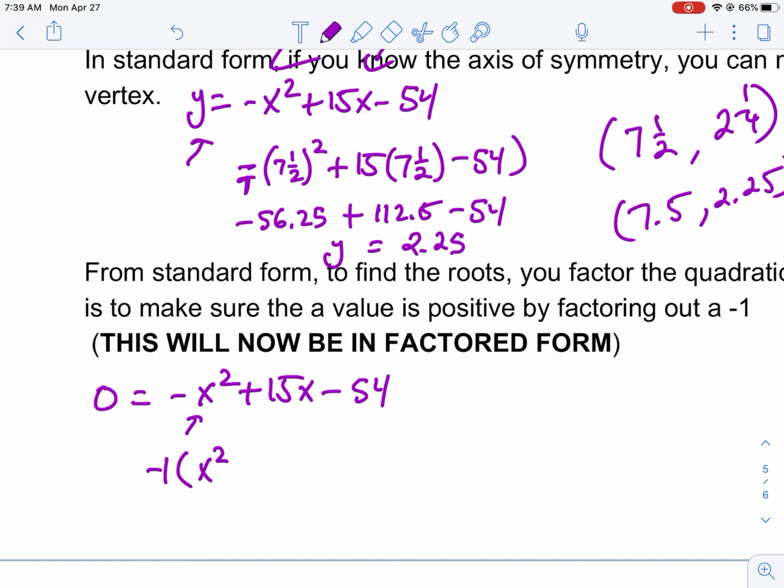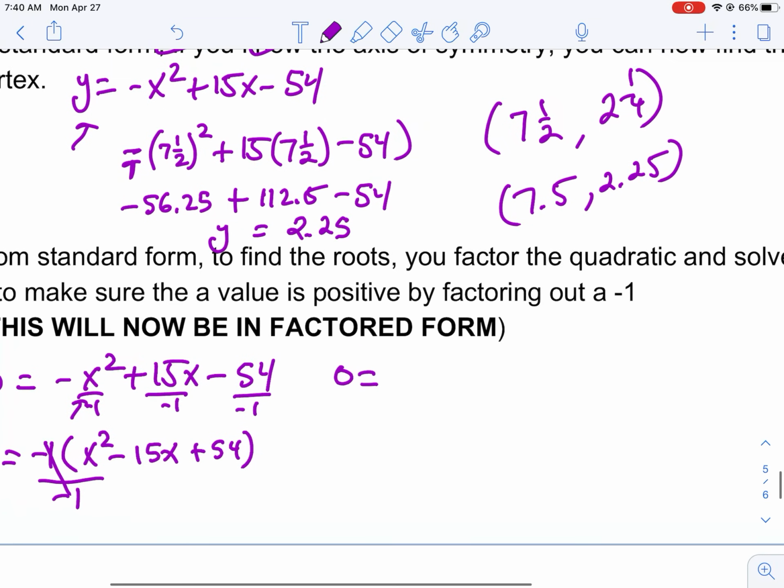Dividing by negative 1 leaves x squared minus 15x plus 54, equals 0. The ironic thing is, to get rid of that negative 1, we divide both sides by negative 1. That cancels out, and 0 divided by negative 1 is 0. We're left with x squared minus 15x plus 54.